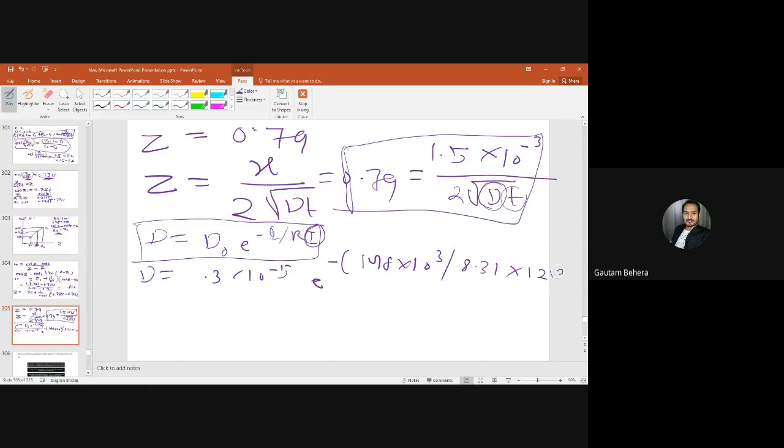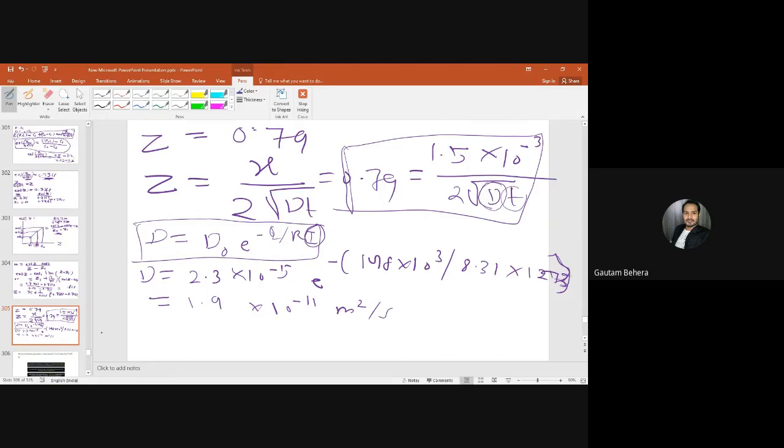How much? 1273. Kelvin scale is centigrade scale plus 273. So if you solve this one, you'll get 1.93 into 10 to the power minus 11 meter square per second.